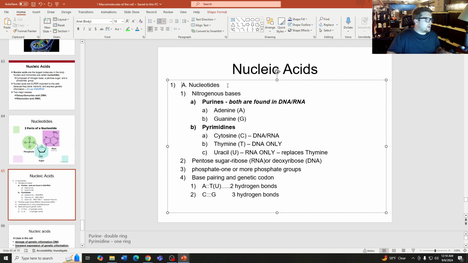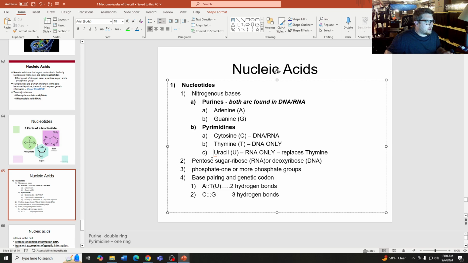Okay. We have the nucleotides. We have the nitrogenous bases. They are purines or pyrimidines. Adenine and guanine are in both DNA and RNA. Cytosine and thymine are both in DNA. Cytosine is also in RNA. Uracil replaces the thymine in RNA.